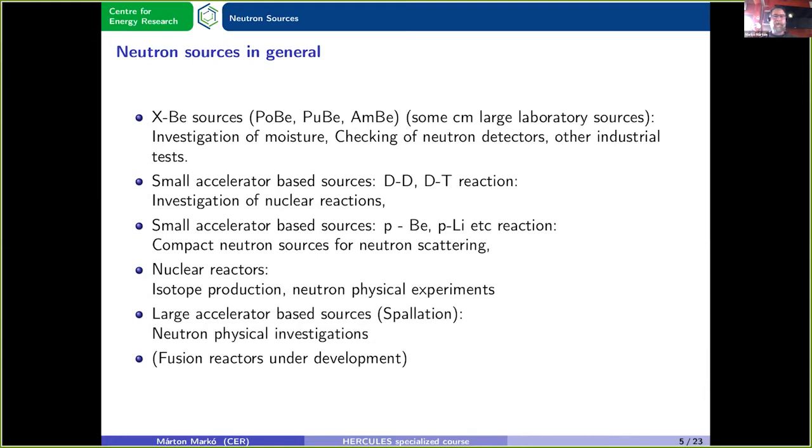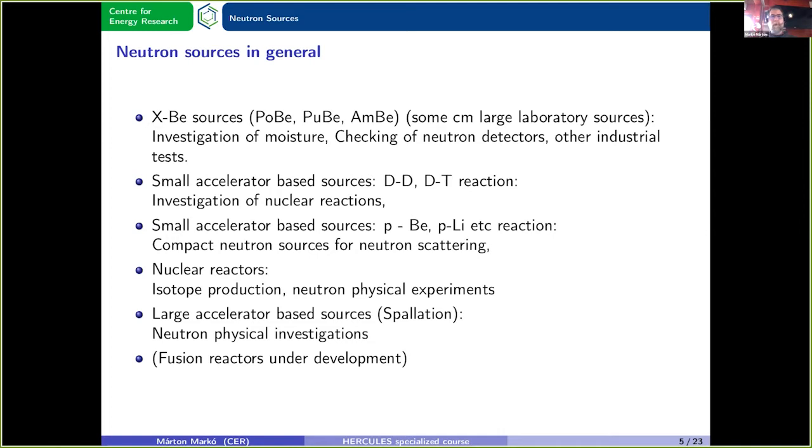They can be used for looking at moisture or checking neutron detectors, and there are some other industrial applications. There are also small accelerator-based sources. They work with deuterium-deuterium or deuterium-tritium reactions. They produce very high energy neutrons, and they are used mostly for investigation of nuclear reactions.